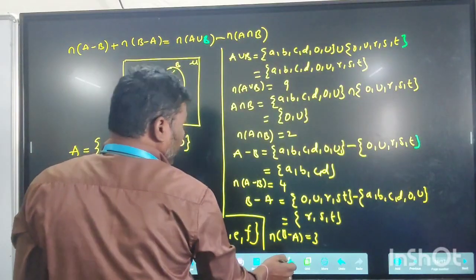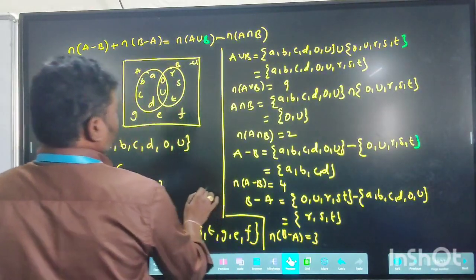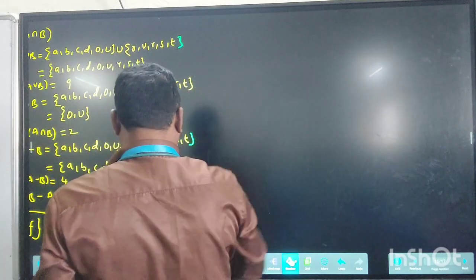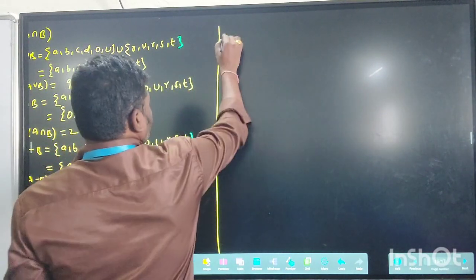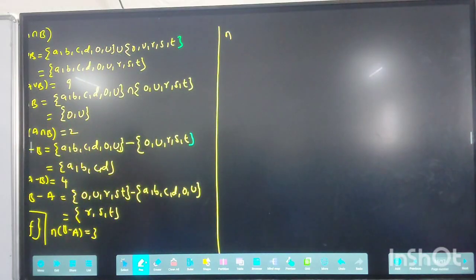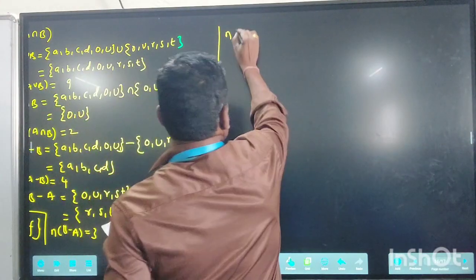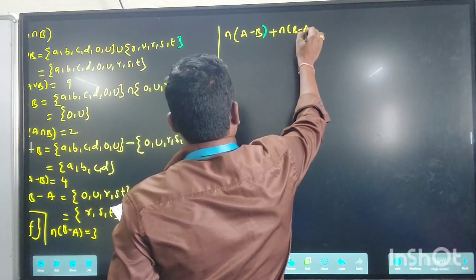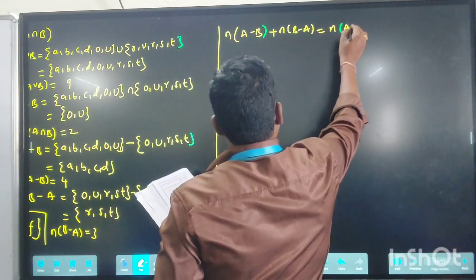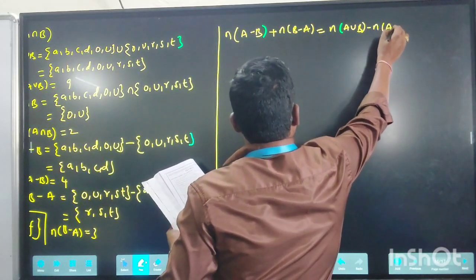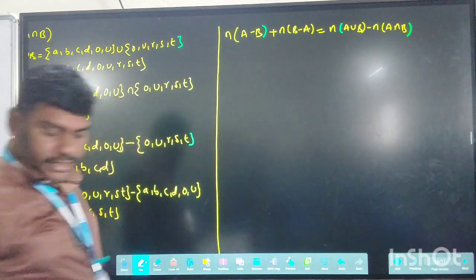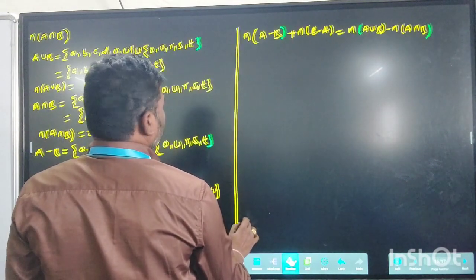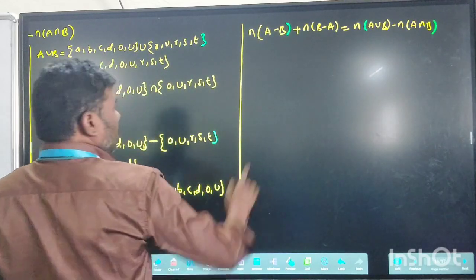Okay. Now, the question: number of A minus B plus number of B minus A equals number of A union B minus number of A intersection B. So write down these values.